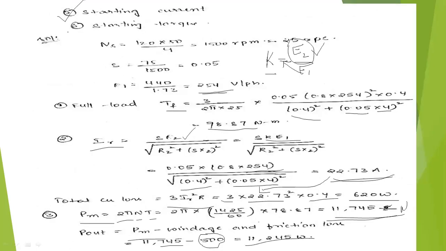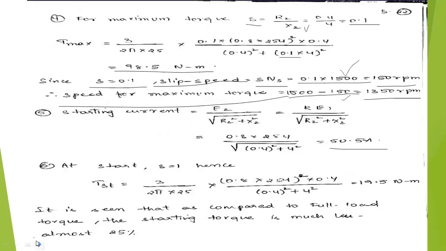Next, starting torque. We have to find out the starting torque. We already found the full load torque and maximum torque. Now they ask for the starting torque. You know the formula: 3 by 2 pi NS, S into E2 square R2 by R2 square plus SX2 square.